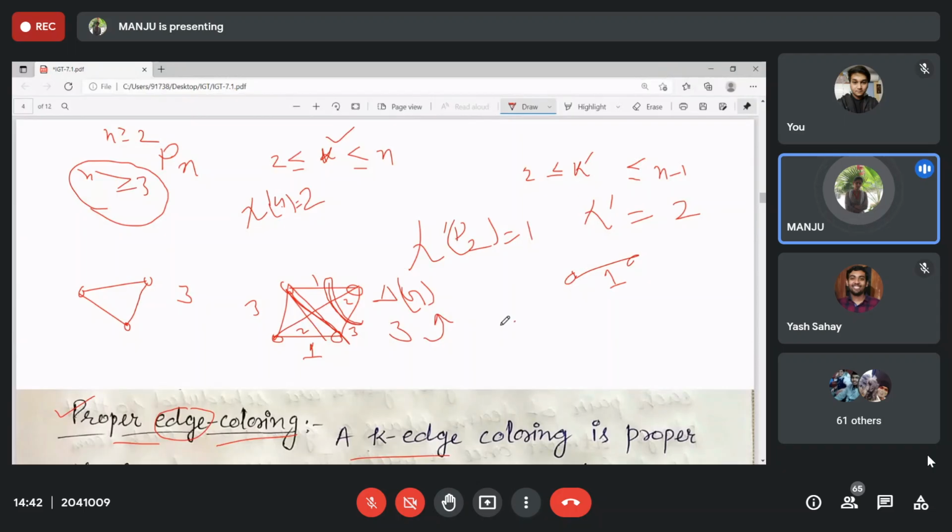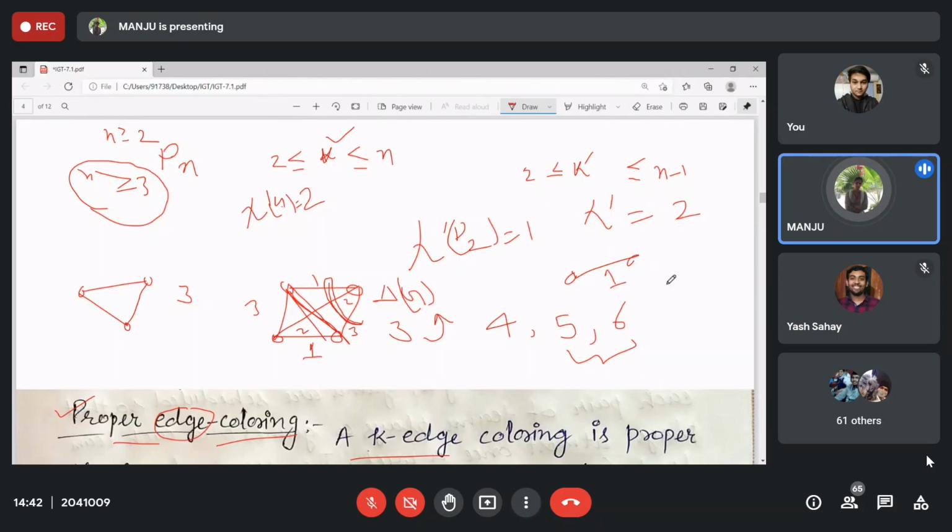And also 4 edge colorable, 5 edge colorable, 6 edge colorable. Why is it so? In vertices, we just discussed that it would be up to 4 colorable.